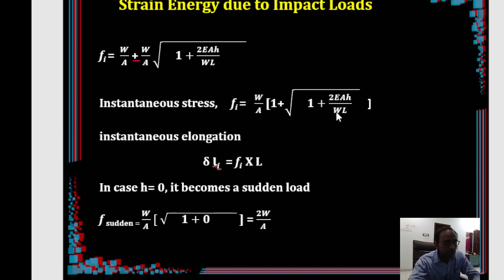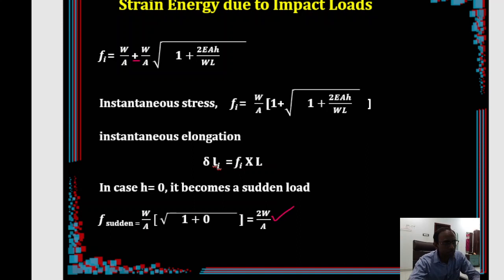For instantaneous elongation you simply multiply Fi with L. So if H is 0, that means the height is almost 0, then it is treated as a suddenly applied load. That is sudden load.